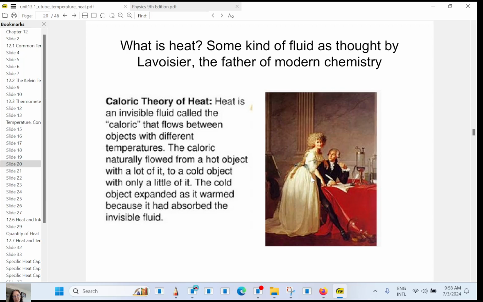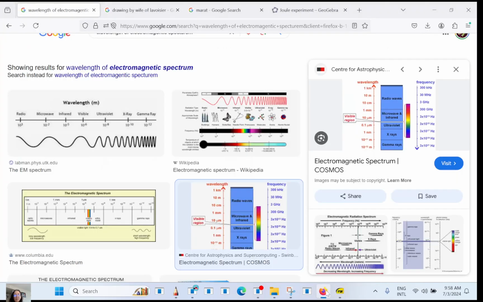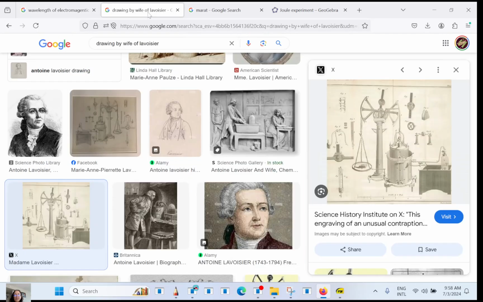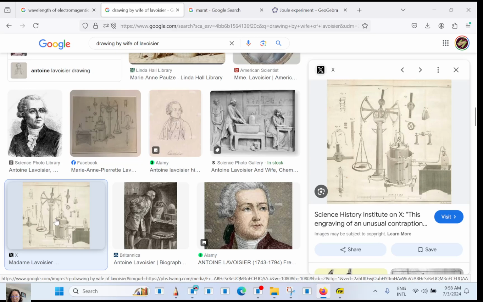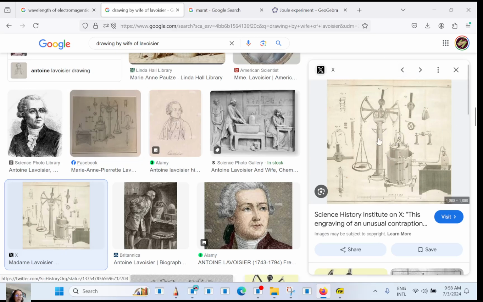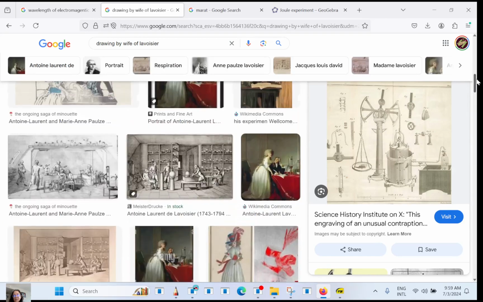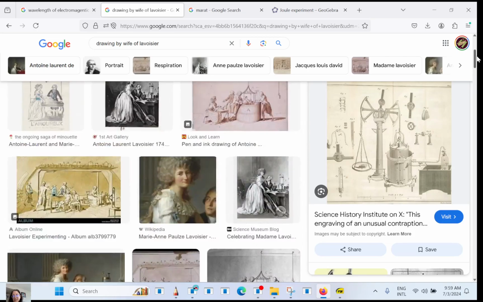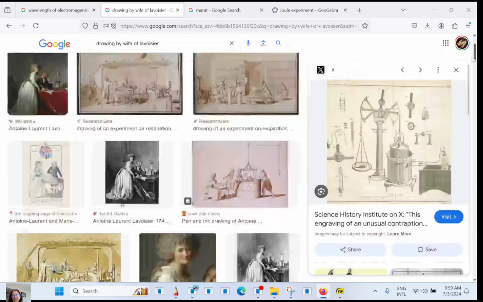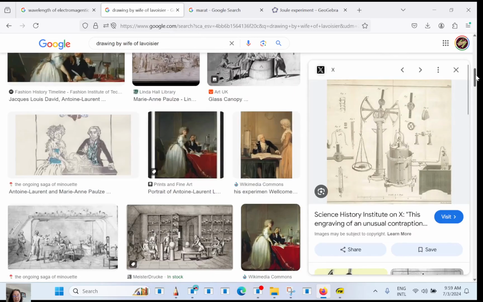His wife here is Marie Lavoisier, and she was also very famous because she was the public voice of Lavoisier, who was very shy, and she's the one who was drawing all the experiments that he was doing. She took drawing lessons just to draw his experiments, and he was very recognized in the Academy of Sciences in France.